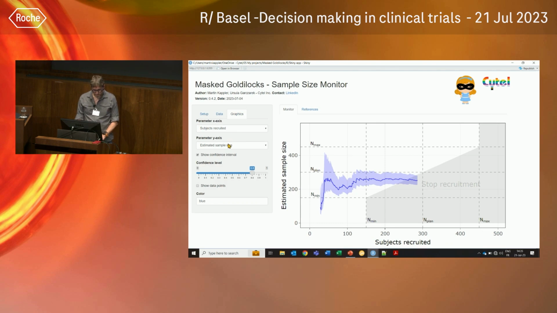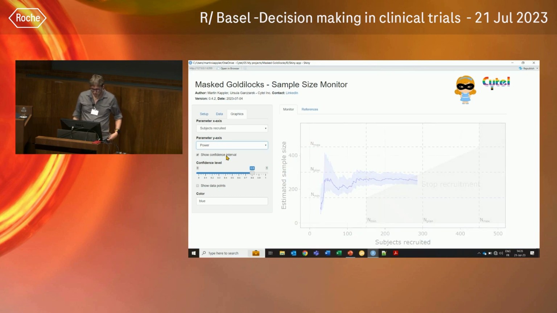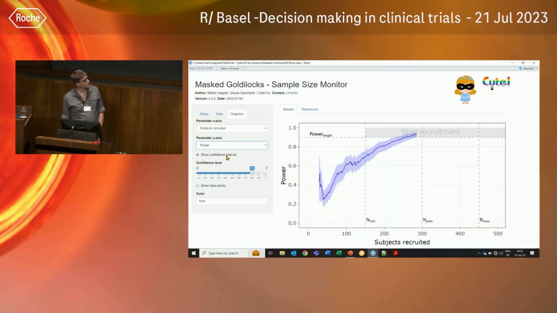Another possibility is to look at the power on the y-axis instead of the estimated sample size. You have a similar presentation here, showing how the power evolves throughout the trial with your sample size. That's all I wanted to tell you. Thank you very much.